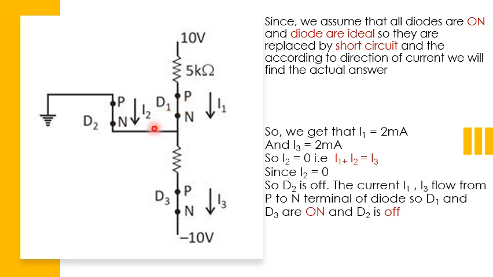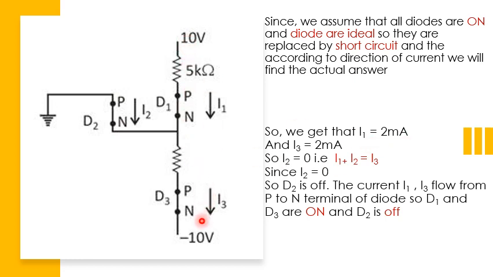Now you can apply Kirchhoff's current law also. According to Kirchhoff's current law, I2 plus I1 equals I3, so I1 plus I2 equals I3. I1 is equal to 10 by 5, which gives 2 milliamps.